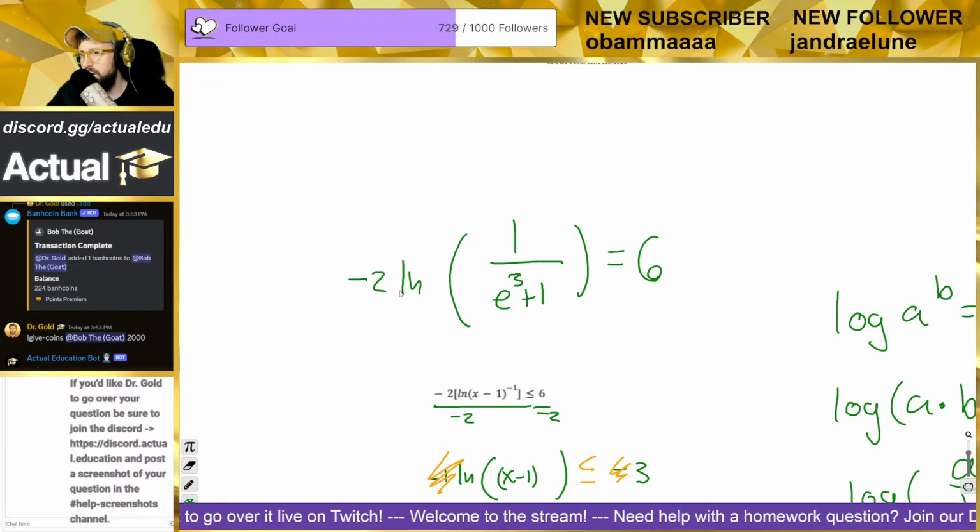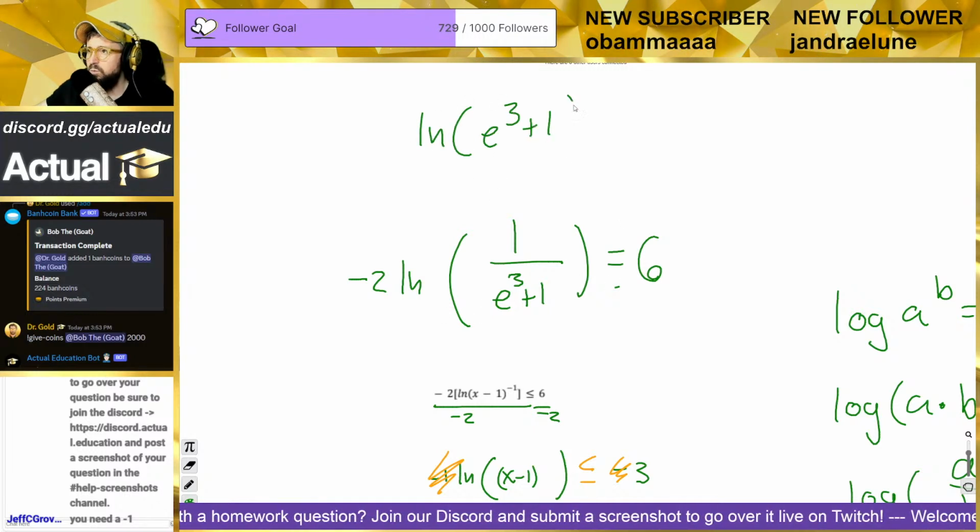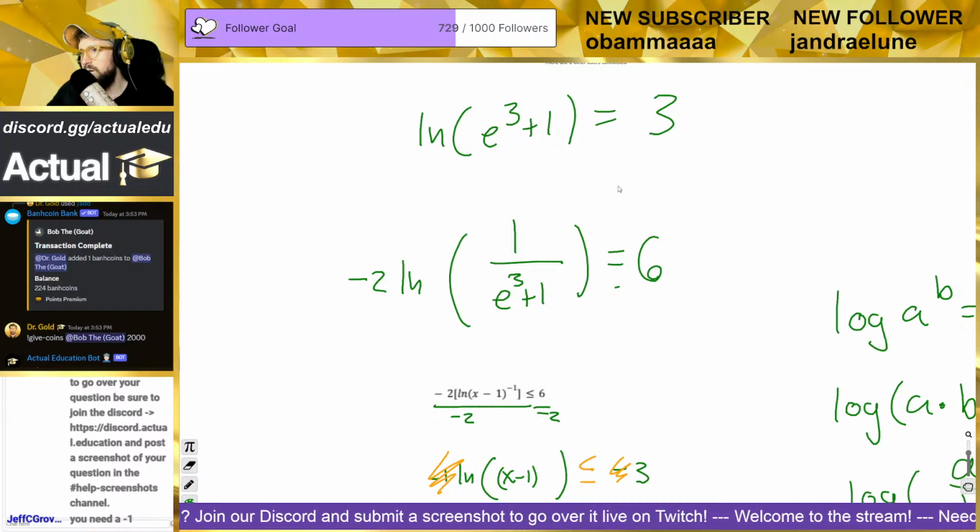That goes over, becomes negative 3, and then another minus comes out, makes it 3. So then I have ln of e to the 3 plus 1 is equal to 3. Oh, wait. It was e to the 3 plus 1 minus 1. My bad. Because this was x minus 1, but this is e to the 3 plus 1 for x.